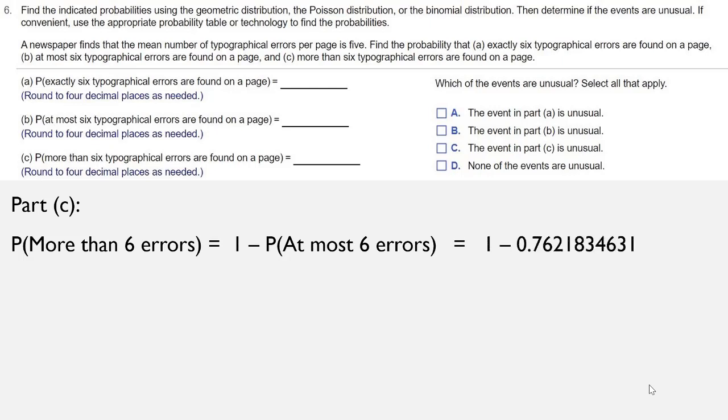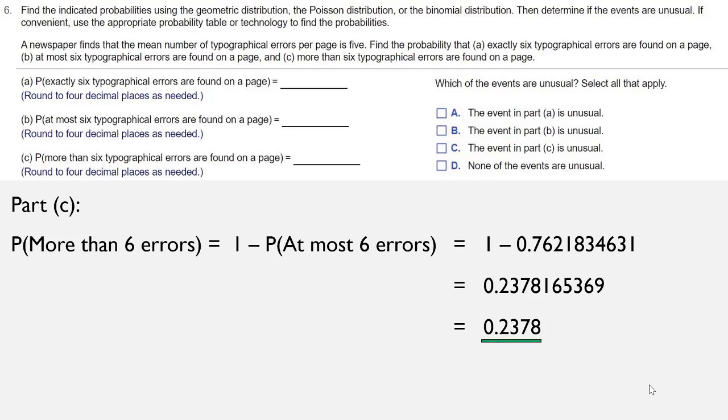So that would be 1 minus the 0.7621834631 value that we got in part B, which is 0.2378165369, rounded to 4 decimals, is 0.2378. That's your answer to part C.